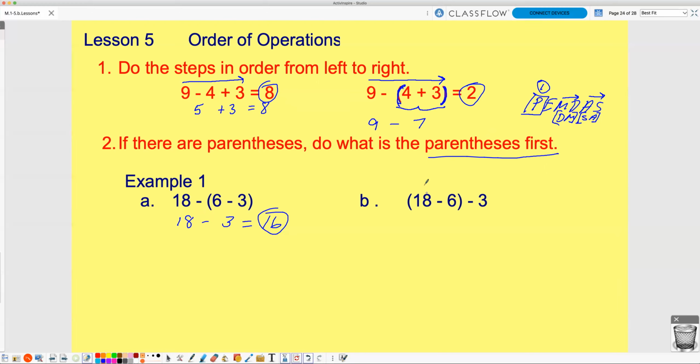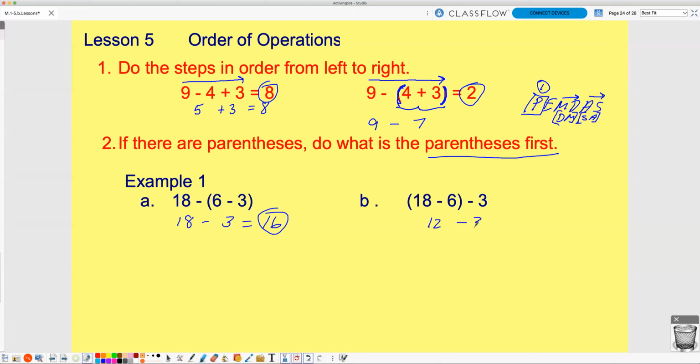How about if the parentheses were around the 18 minus the 6? So you look at it, it's the same numbers, 18, 6, and 3, same operations, subtraction symbols. However, the parentheses are shifted to this side. Now we have to do 18 minus 6 first, which is 12.